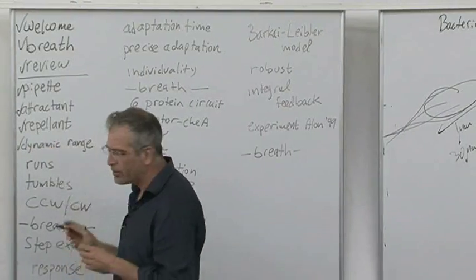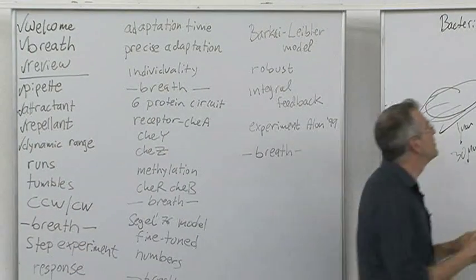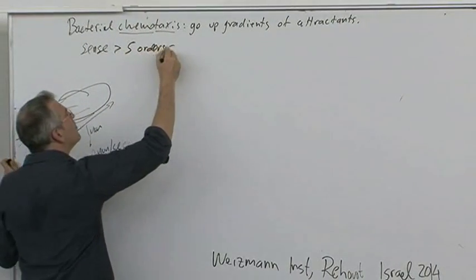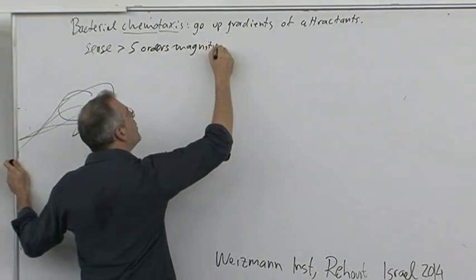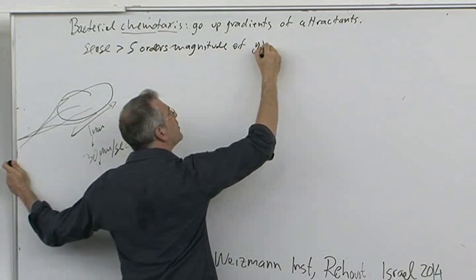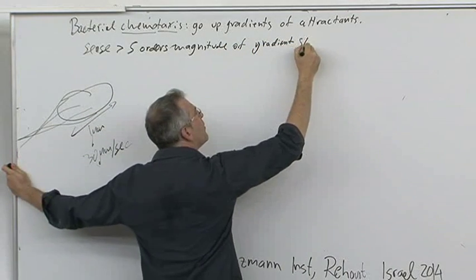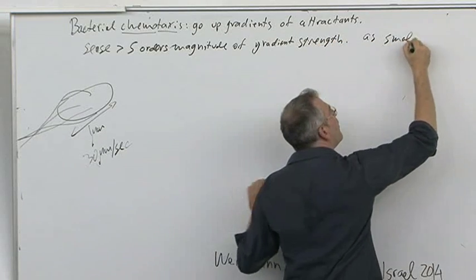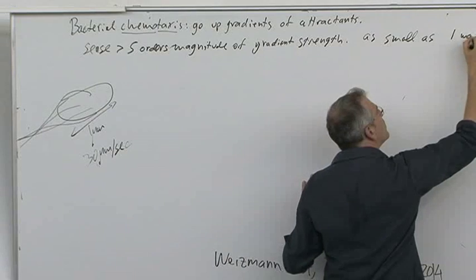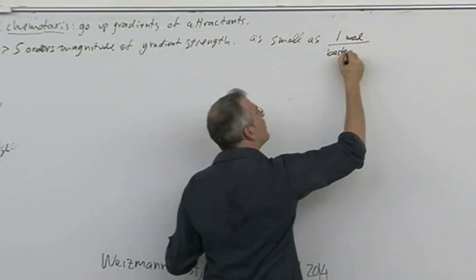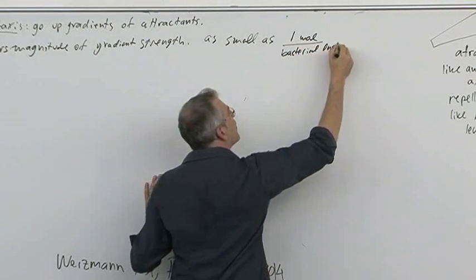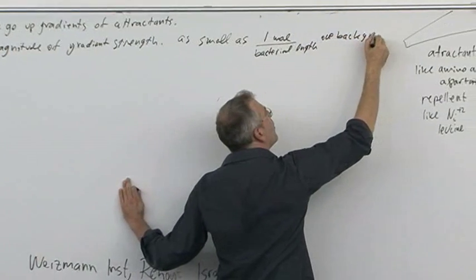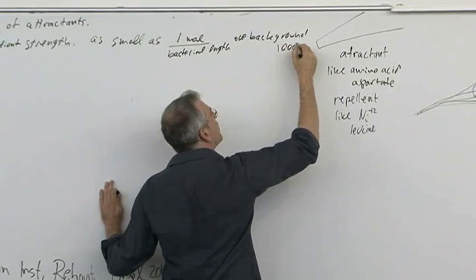They can sense an incredible dynamic range, more than 5 orders of magnitude of gradient strength, and gradients as small as 1 molecule per bacterial length over a background of 1,000 molecules.